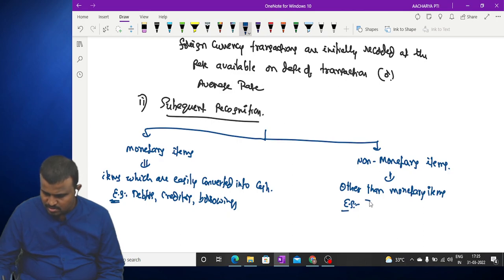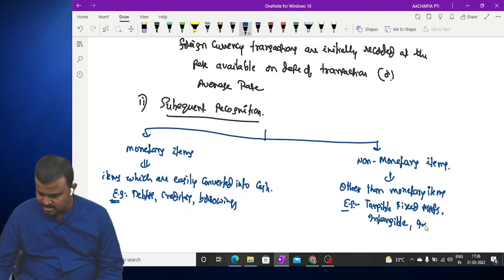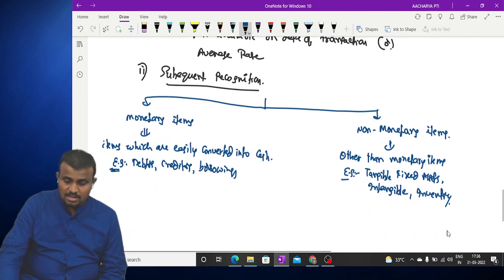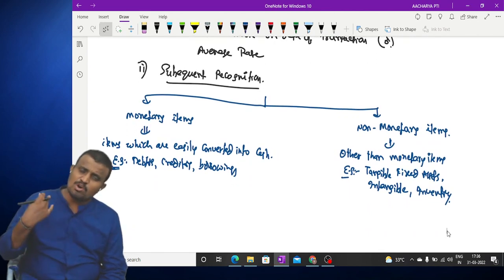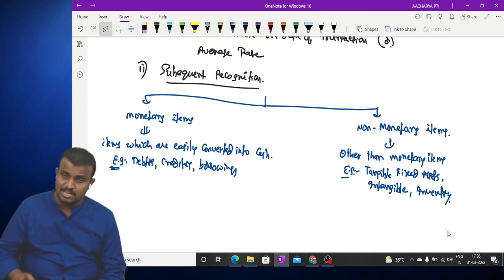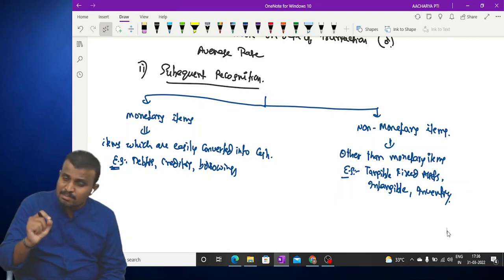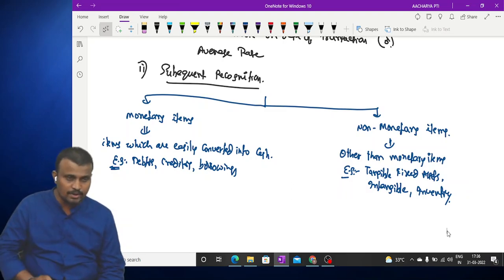Example, tangible fixed assets and intangible assets, inventory, etc. So these are all covered under non-monetary items. Initially, everything, whether monetary item or non-monetary item, is recorded at the actual rate, which is the rate available on the date of transaction.